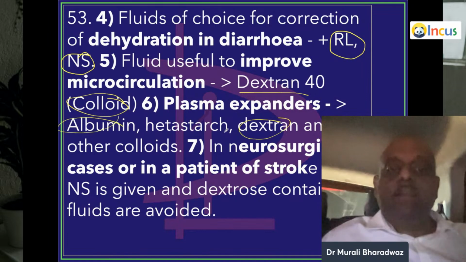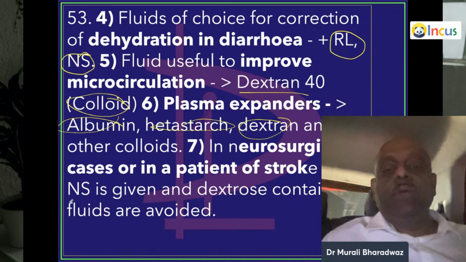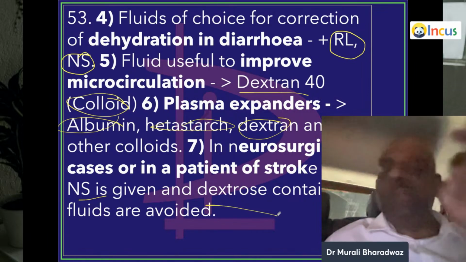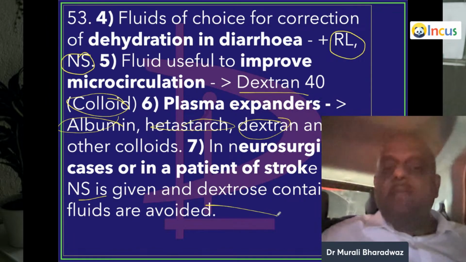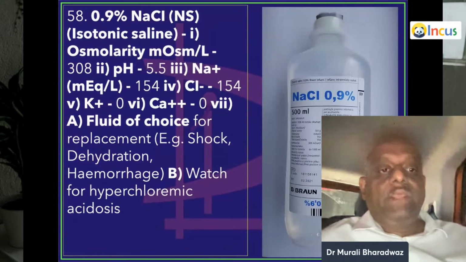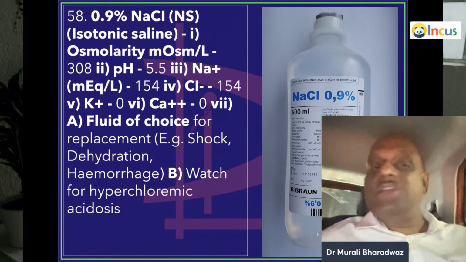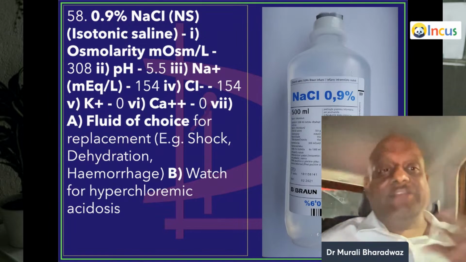Dextran, albumin, hetastarch, etc. Similarly, there is a very important scenario where normal saline is given and dextrose containing fluids are specifically avoided, especially in neurosurgical cases or in the patients of stroke. Normal saline is given and dextrose containing fluids are avoided is what you need to remember. A lot of times questions are asked about the various fluids, their composition, and what is their osmolarity, etc.